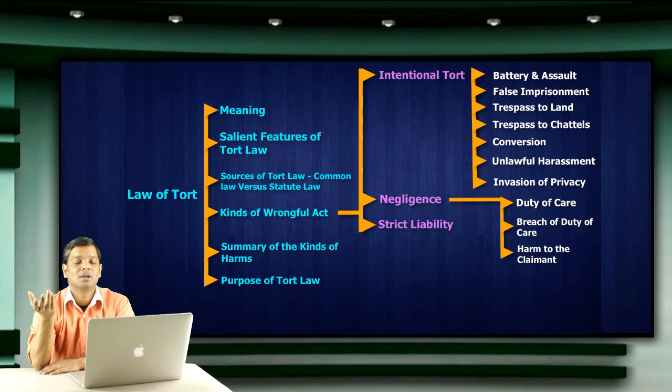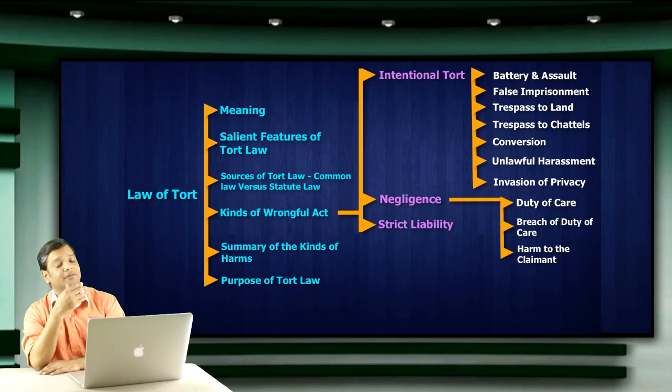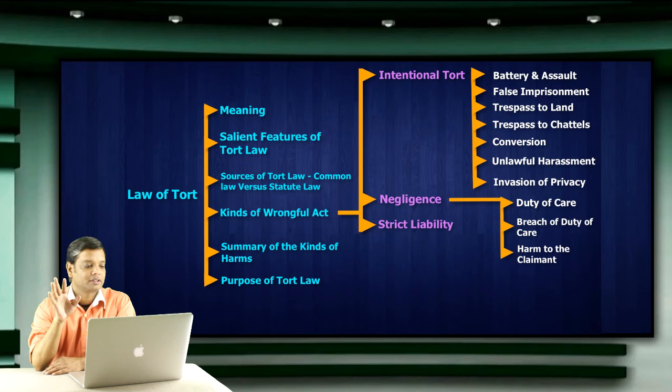So you can file a lawsuit of defamation under this provision. Likewise, intentional tort has 7 categories, as you can see on the screen. These are the things of which you need to understand the meaning and concept as well.